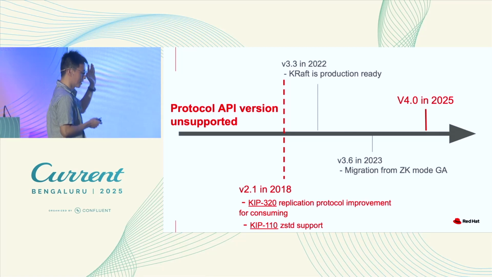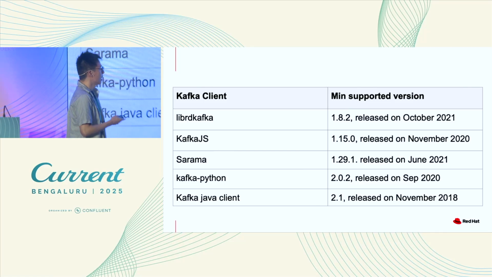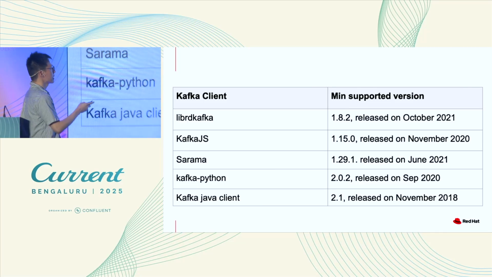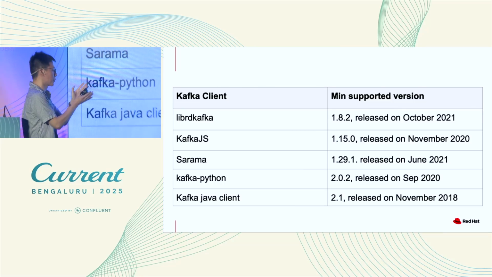So what does that mean to users? Here's the list of the minimum supported client version for all kinds of clients. Let's take Apache Kafka, for example. If we are using 1.7, after the broker is upgraded to 4.0, it will not be supported anymore.